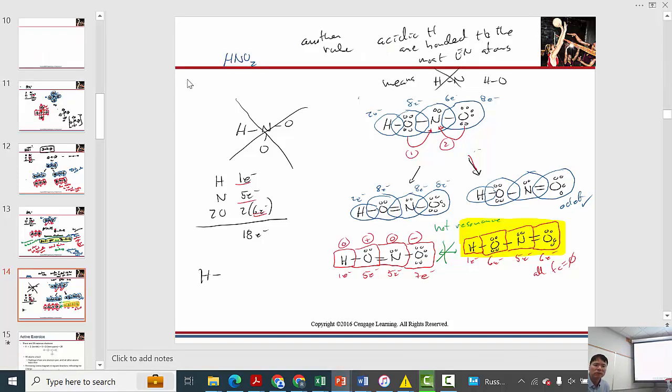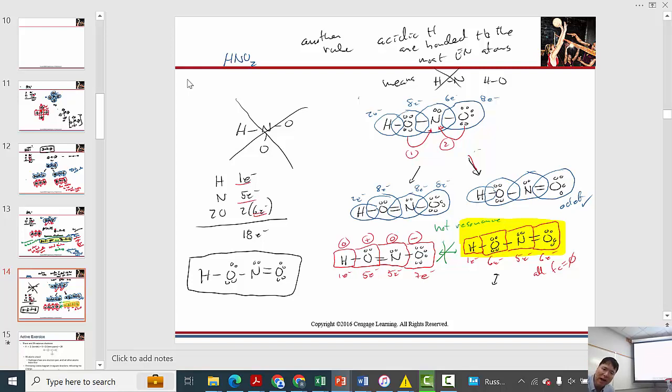There's going to be H. Just to redraw it to clear it up. It's like that. Hydrogen on the other side. Sure. But that wouldn't be resonance either.